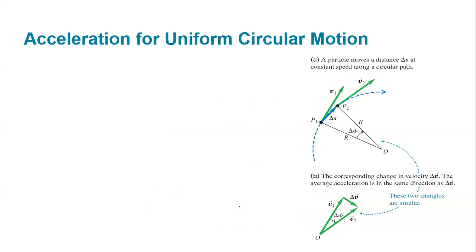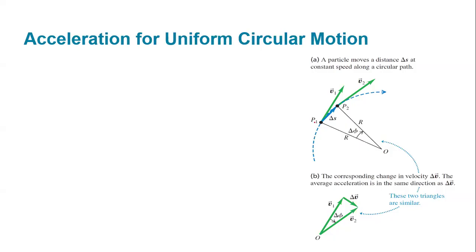So if you want to figure out the magnitude of the acceleration for a uniform circular motion, suppose we have a particle's path. At point P1, we have initial velocity V1. At point P2, we have a final velocity.